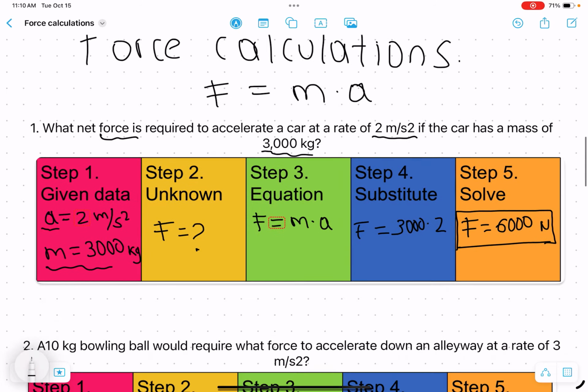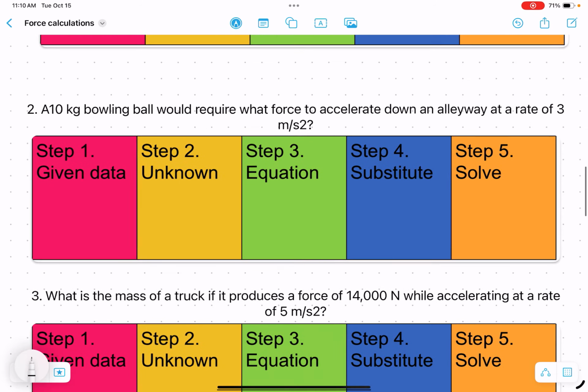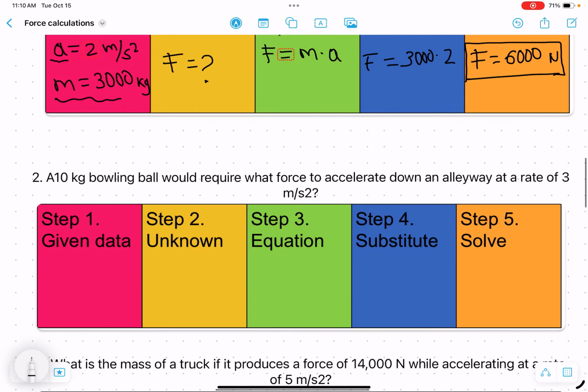Let's do another example. This one. A 10 kilograms bowling ball would require what force to accelerate down an alleyway at a rate of 3 meters per second square? So what do you know about this problem? When we say kilograms, that means the mass. So you know the mass, M equals 10 kg.